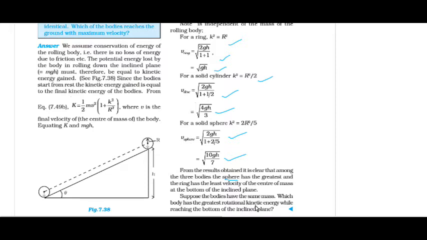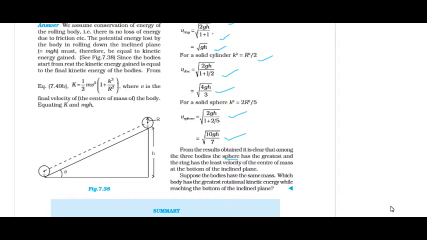Suppose the bodies have the same mass, which body has the greatest rotational kinetic energy while reaching the bottom of the inclined plane?